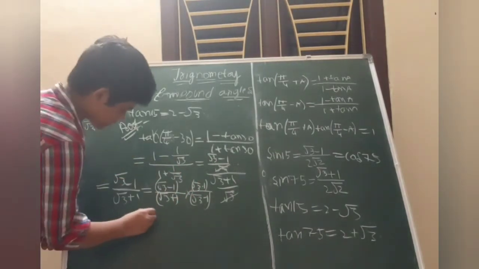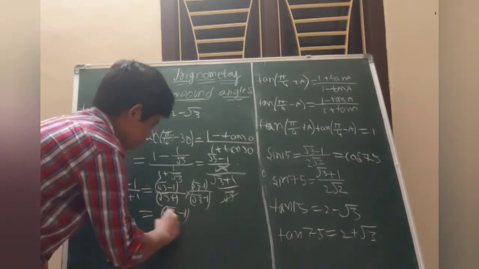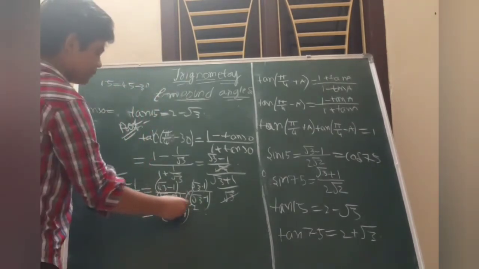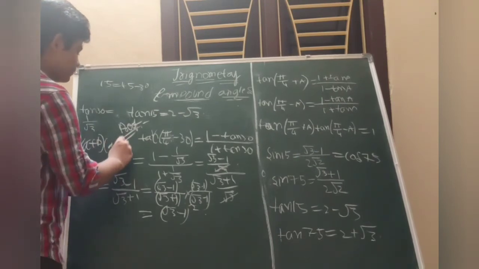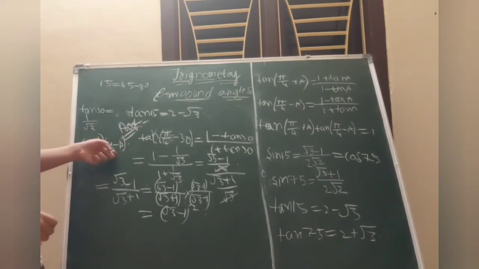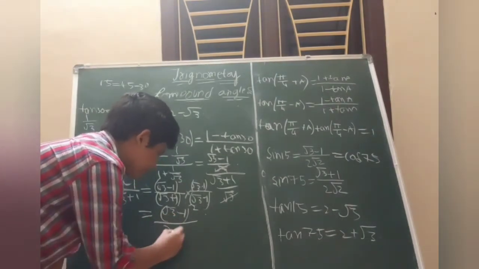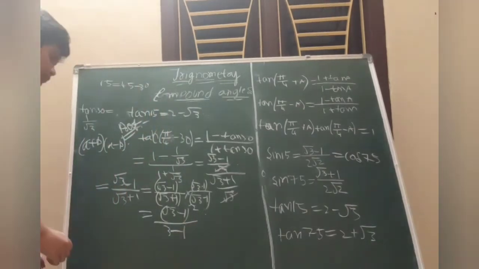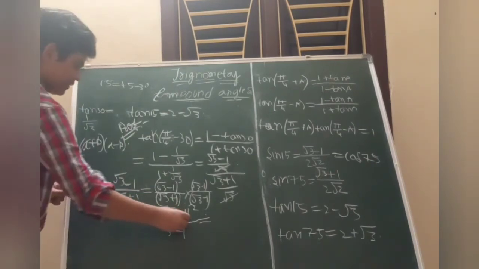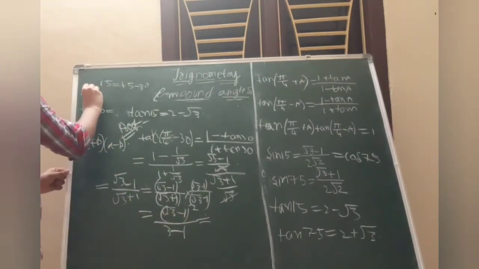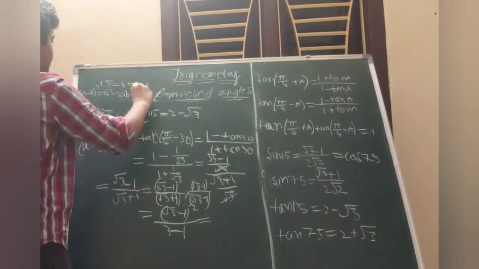So it becomes root 3 minus 1 whole square in the numerator, and in the denominator root 3 plus 1 into root 3 minus 1, that is, a plus b into a minus b is equal to a square minus b square. So here it becomes 3 minus 1. Now for root 3 minus 1 whole square, we know that a minus b whole square is equal to a square minus 2ab plus b square.